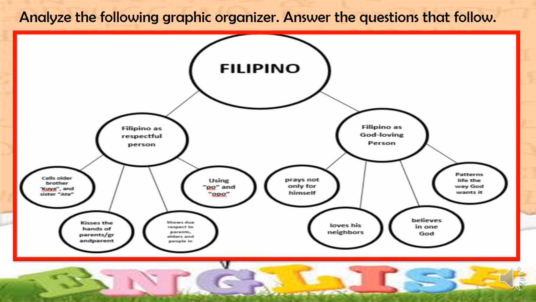And then they use po and opo. Now, how do Filipinos show love to God? They pray not only for themselves, they love their neighbors, believe in one God, and pattern life the way God wants it. So this is the paragraph composition using the organizer.